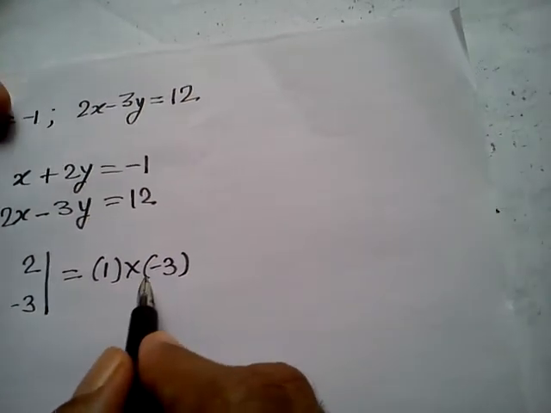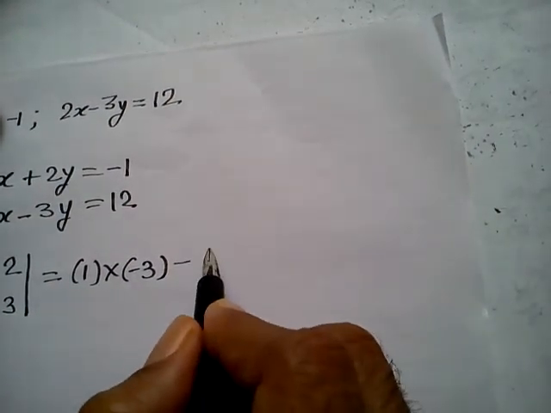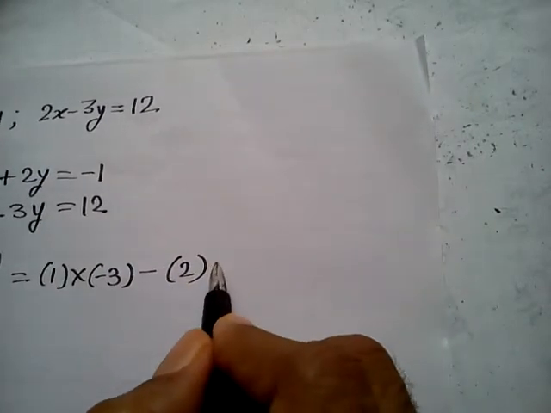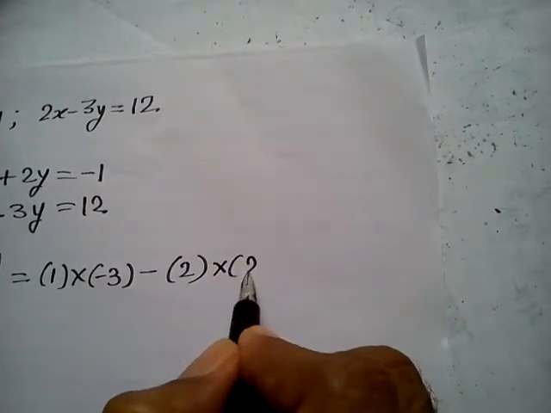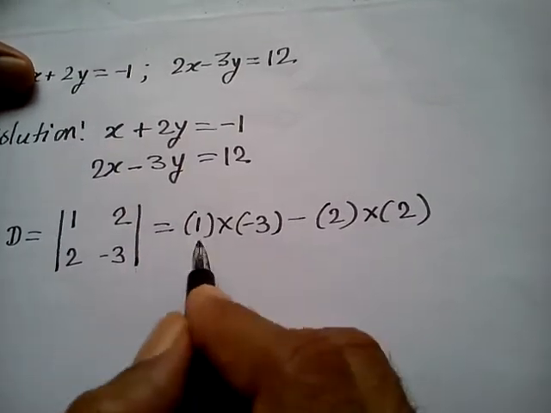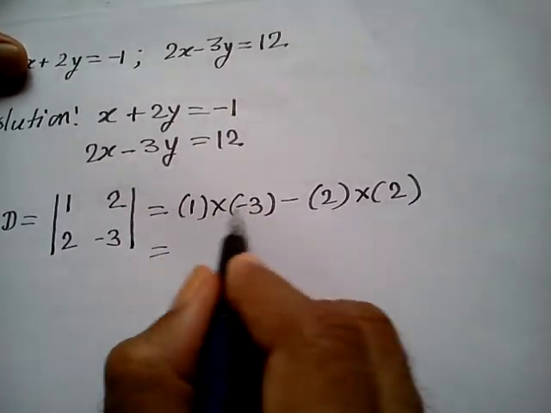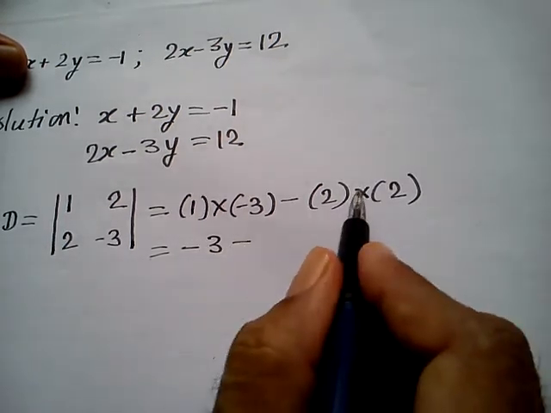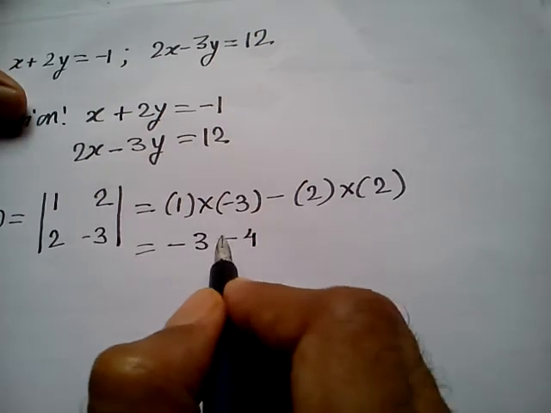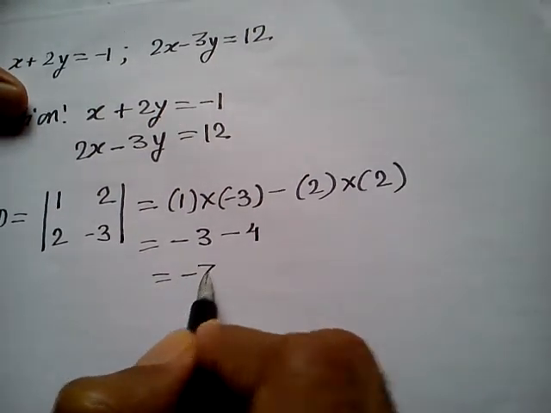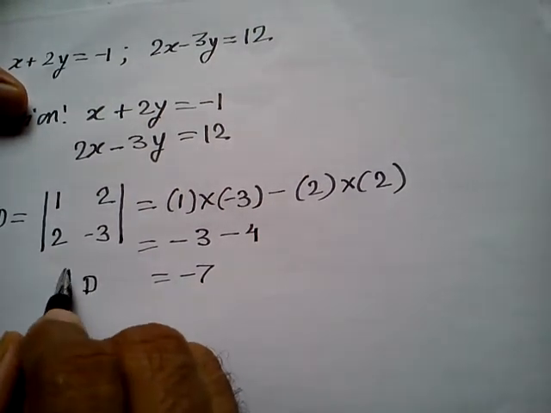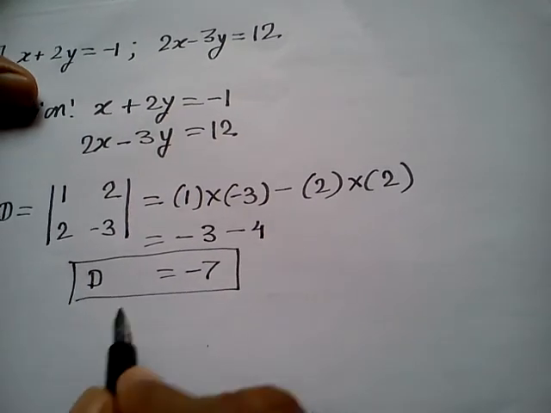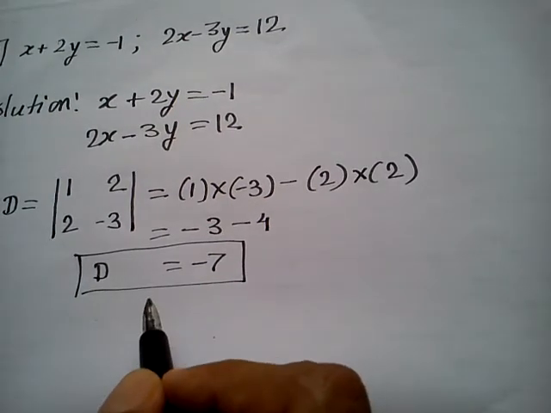Use bracket to avoid the mistakes. So 1 into negative 3, 2 into 2. 2 into 2 is 4, 1 time negative, negative 3, 1 time negative, so 4 plus 3 is equal to negative 7, value of d. First step, we have to calculate the value of d.